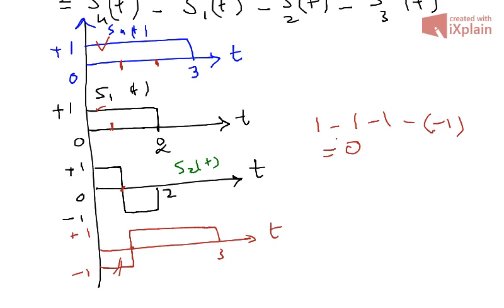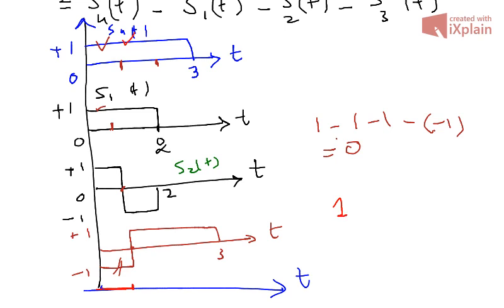I can plot it here. I'll plot it in the end. So from 0 to 1, we got 0. Now from 1 to 2, this is 1. Let me write it here, 1.